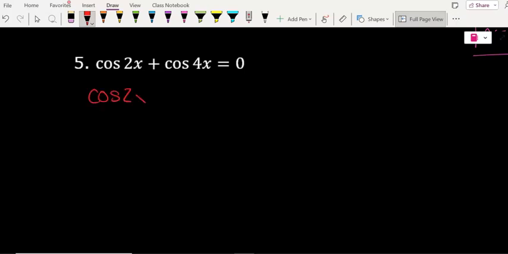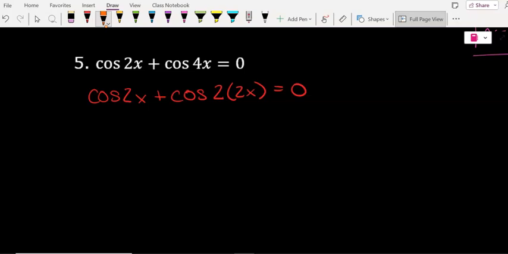So let me change that cosine 4x, and so now it's cosine of 2 times 2x, equal to 0. Okay, so now I can start changing things around and seeing what I can get. Cosine 2x. If I'm going to replace that using one of my double angle identities, I've got to figure out which one I would want to use.